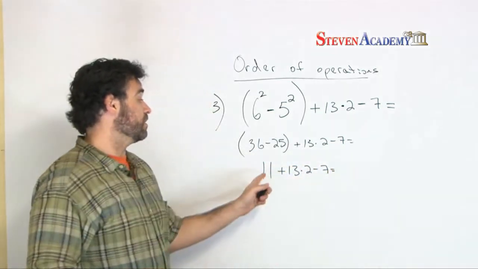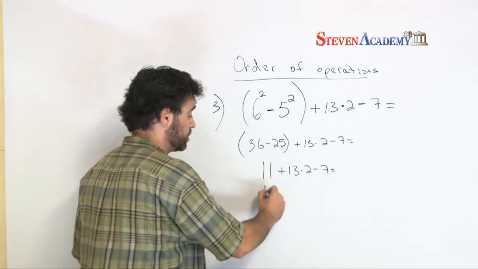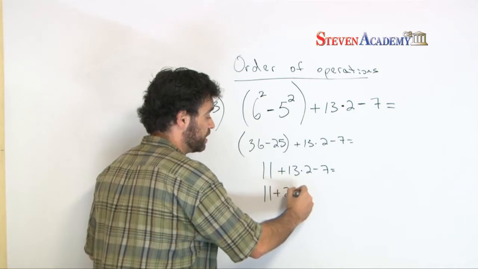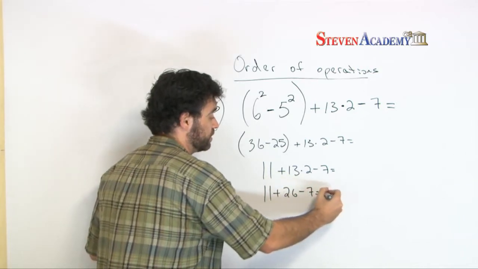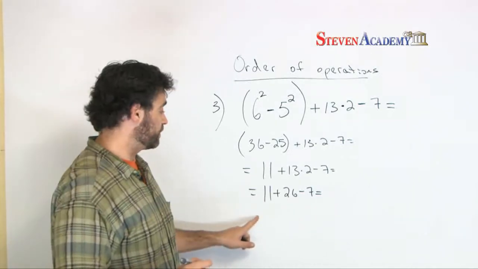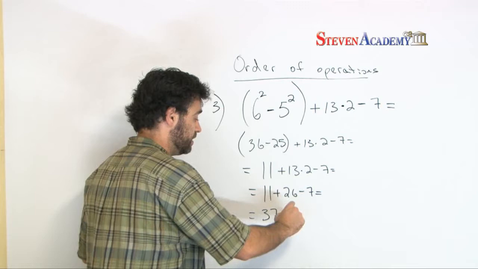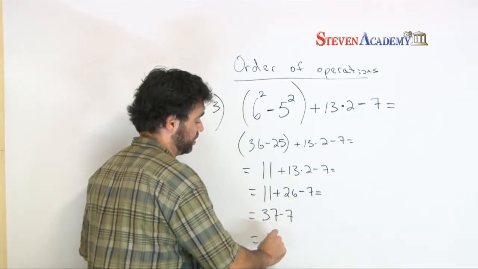Our next step here, do we work from left to right? No, we have to multiply 13 times 2, so we just write 11 plus 26 minus 7. Okay? Again, now working from left to right, I get 37 minus 7, which is just 30.